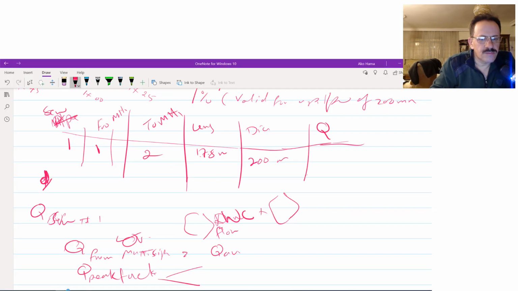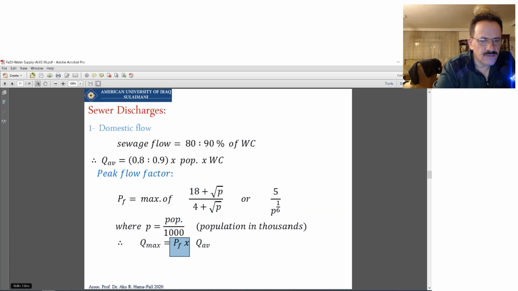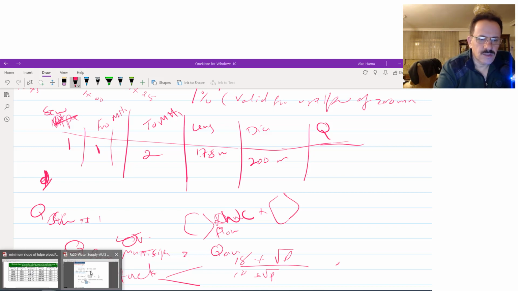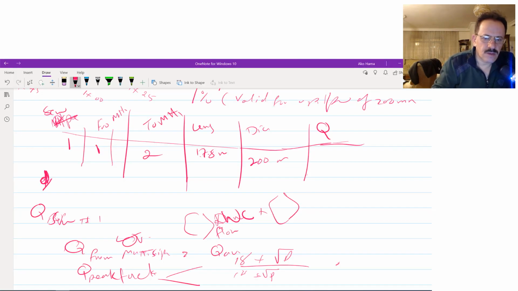The maximum Q will be either from 18 plus the square root of P, divided by 4 plus the square root of P, or we have to find the other one, which is 5 over P, population, over 1 over 6.